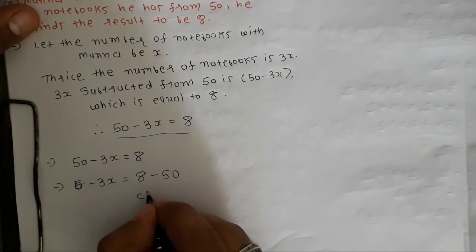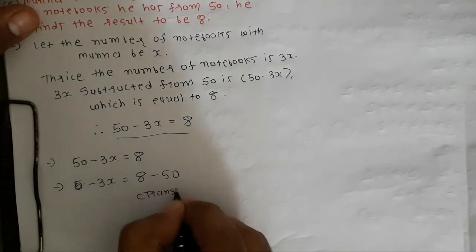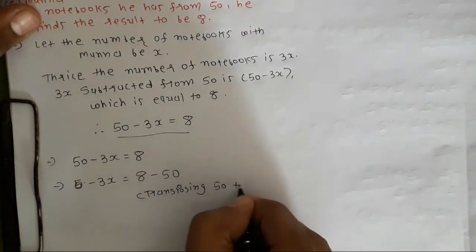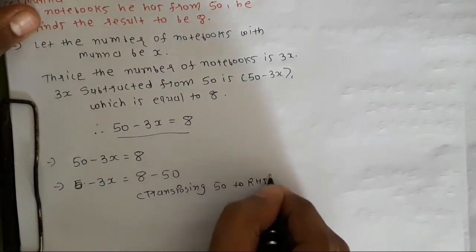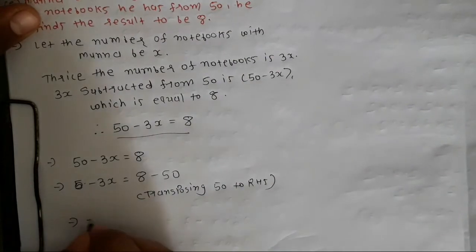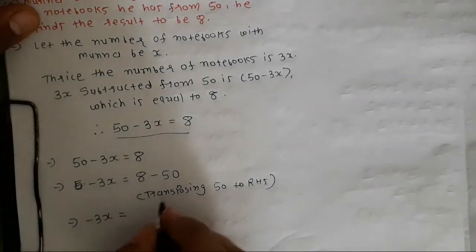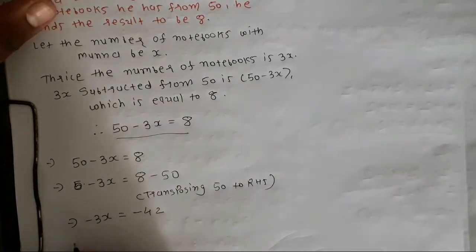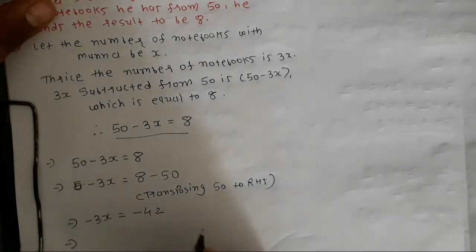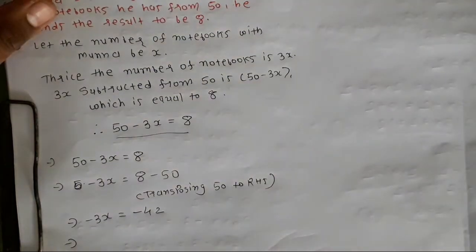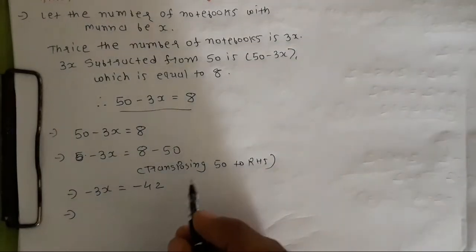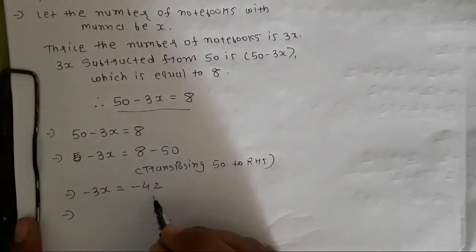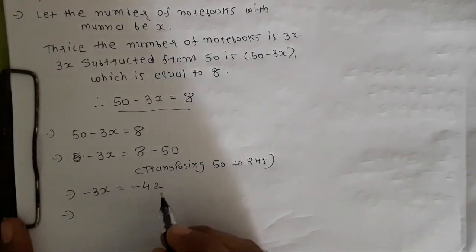So here I can write transposing 50 to RHS. Now minus 3x is equal to 8 minus 50. We all know 8 minus 50 is minus 42. Now minus 3x is equal to minus 42.